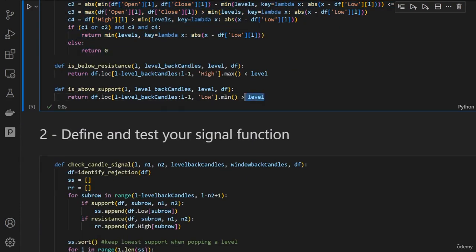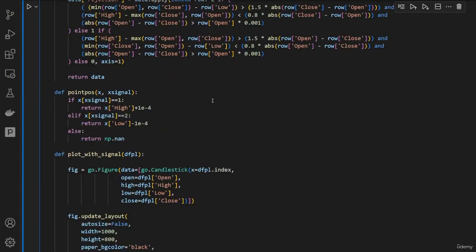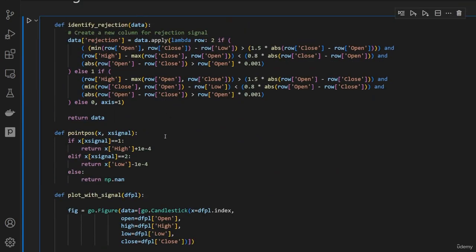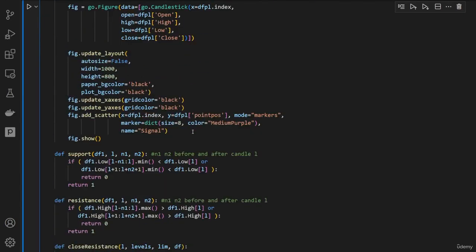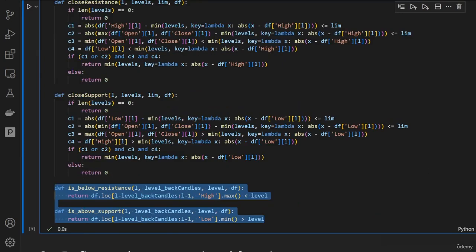And we have the last two functions here are is below resistance and is above support. These are used to check if the previous candles are all below or above resistance and support levels. So we have seen all of these functions in previous videos. If you have missed some of these, you might want to go back to the previous sections and watch the details and the detailed explanations of these.